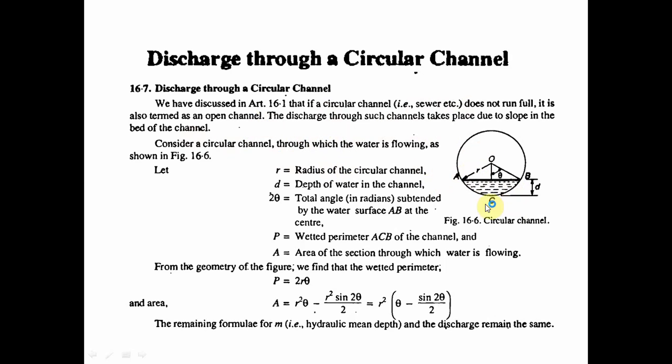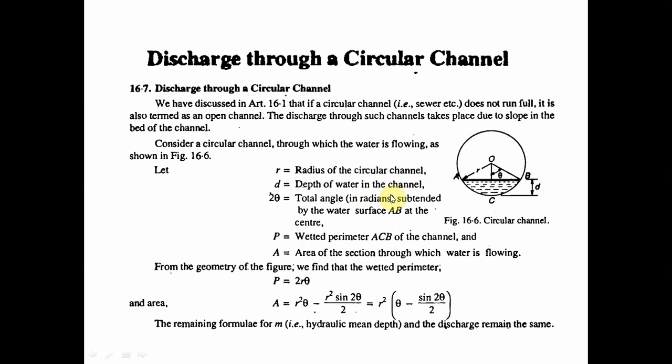Suppose this is the circular channel with center O, and this is the radius, and this is the center line making an inclination of theta. From the top level of the water to the bed of the circular channel, this is called the depth D. So R is the radius of the circular channel.